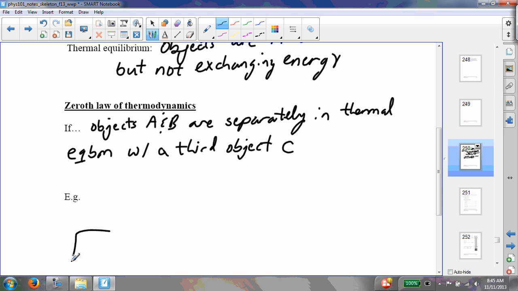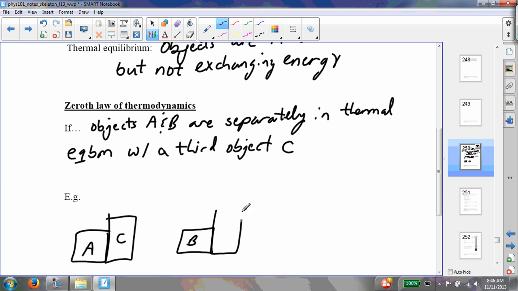So for example, let's say I have an object A here, I have an object B here, and they're in thermal equilibrium with an object C, such that they're the same temperature. If they're in thermal equilibrium, that means that they have the same temperature, so there's no energy flowing from one object to the other.